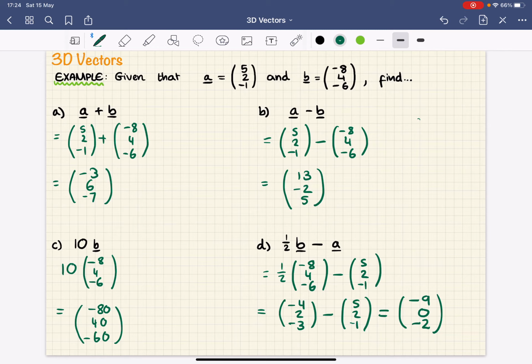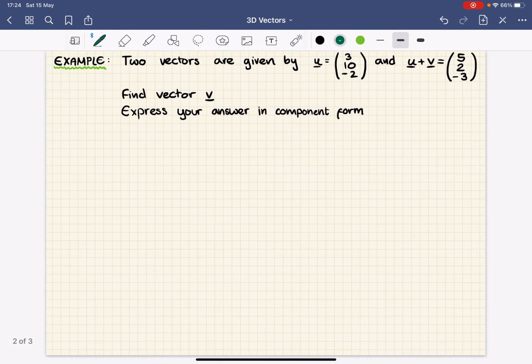All right, so let's take a look at the next example. Here I've got two vectors given by u, which is 3, 10, minus 2, and u plus v, which is 5, 2, minus 3. Find the vector v. So if I think about that resultant vector I have, I want to get the v on its own, and in order to do that, I need to take away that u to get rid of it.